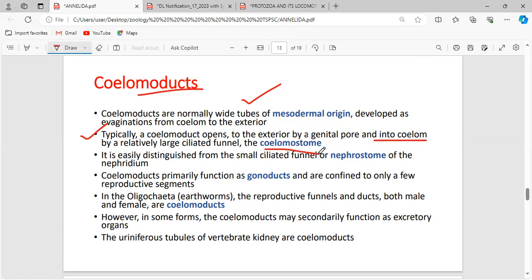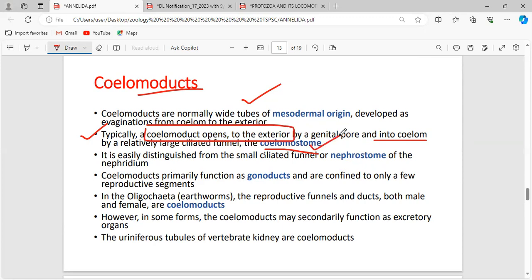But in the case of nephridia, what is the ciliated funnel called? Nephrostome. See, the nephrostome will carry all the excretory waste from the nephridium to the exterior. In the same way, the coelomoduct opens into the coelom by the coelomostome.